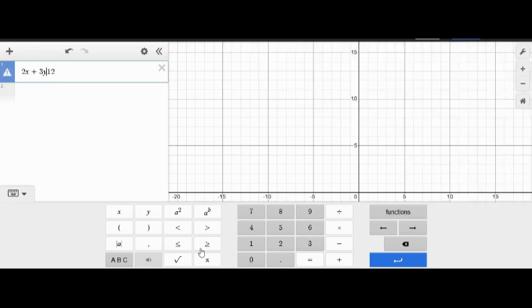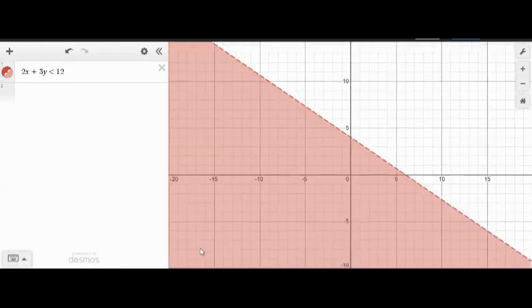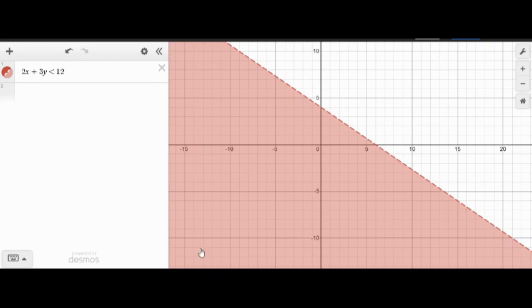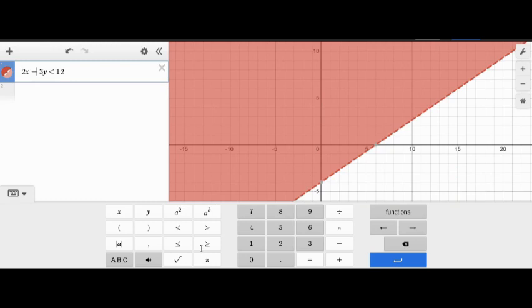Okay, back to the original one. What I want you to notice with this is what happens to the graph when the variable attached to the y, so the 3, what happens when that becomes a negative?